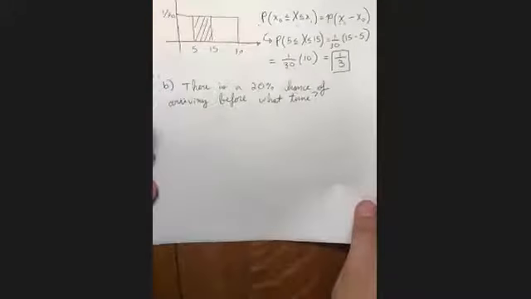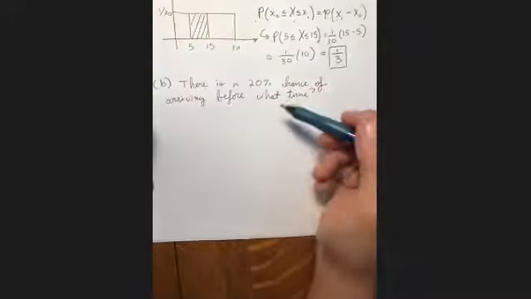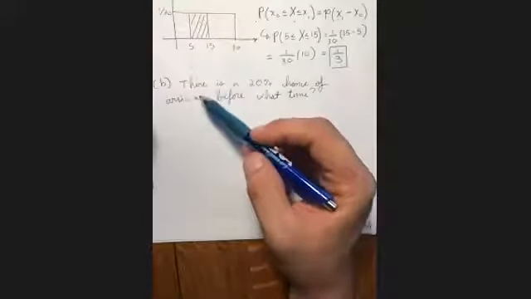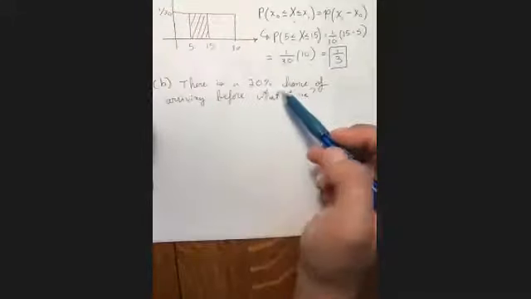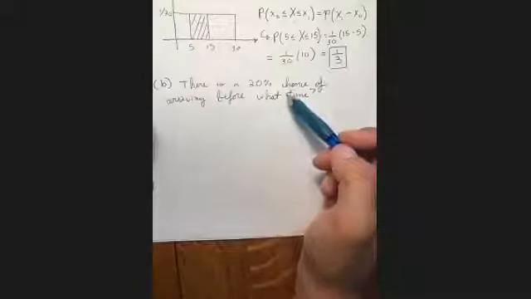So we could also ask a different question that still relates to this idea of using area to calculate probability. So the question would read something like this. There is a 20% chance of arriving before what time? Okay.